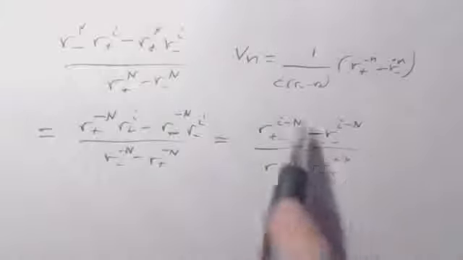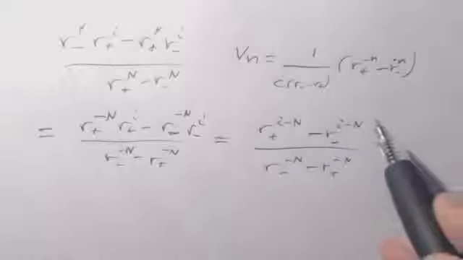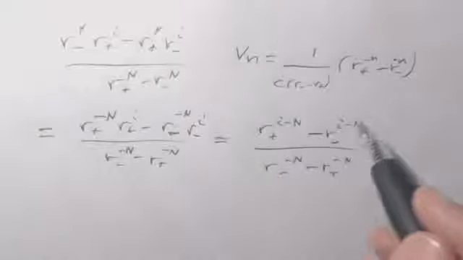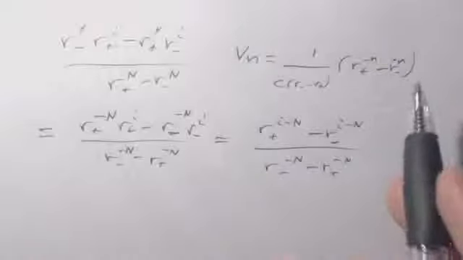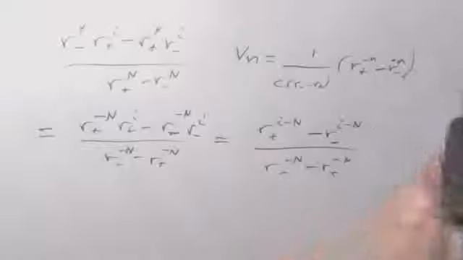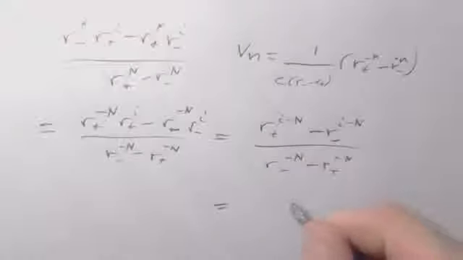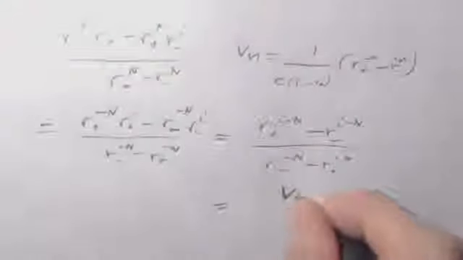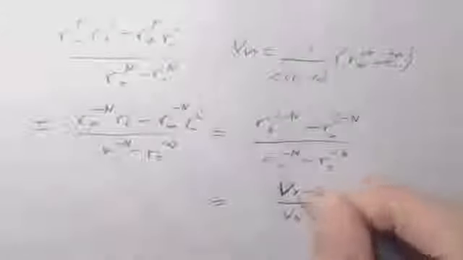So now we see we've got negative exponents everywhere. This is I minus n, that's negative because n is bigger than I, and minus n is negative. And we see that the definition of Vn here has negative exponents. So what this is just going to be is V n minus I over Vn.